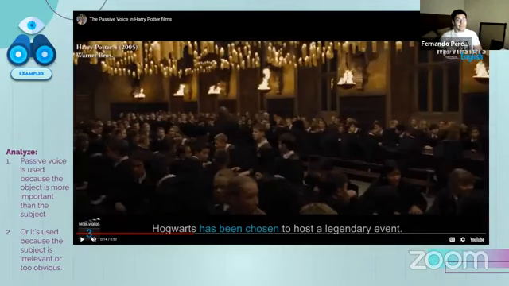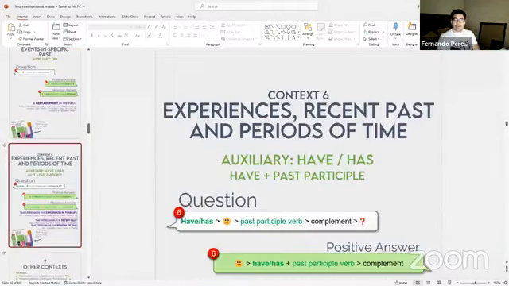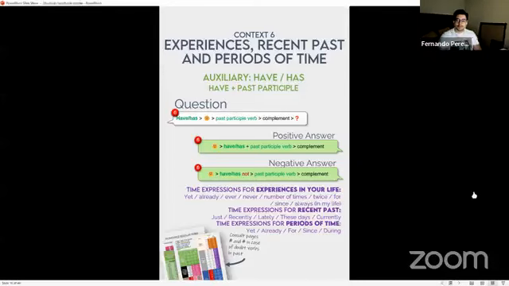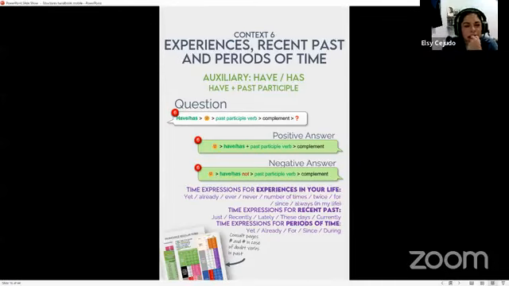The verb to be is in the form has been, which is structure number 6, experiences and recent past. Teacher, what is the difference with present perfect?